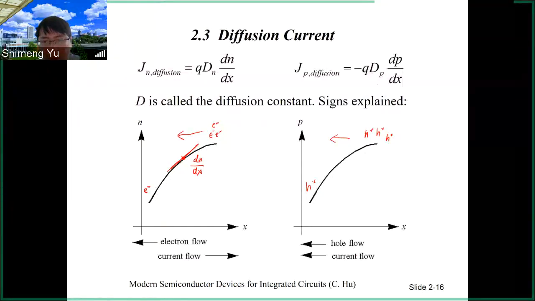So here you need to have the negative sign, because to the left means negative direction. So here the same formula, but the only thing is the sign is different. This is because of different definition of the electron and hole. But again, this depends on the slope. Any questions?